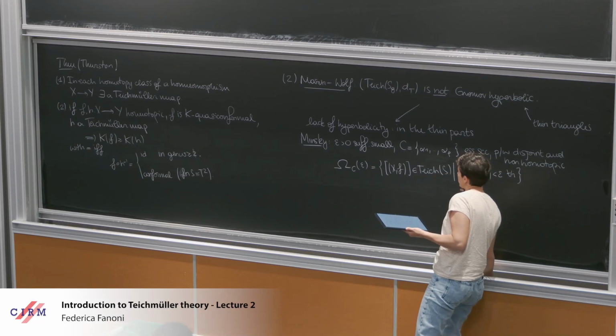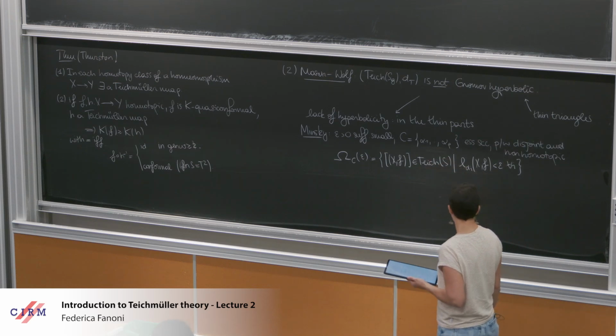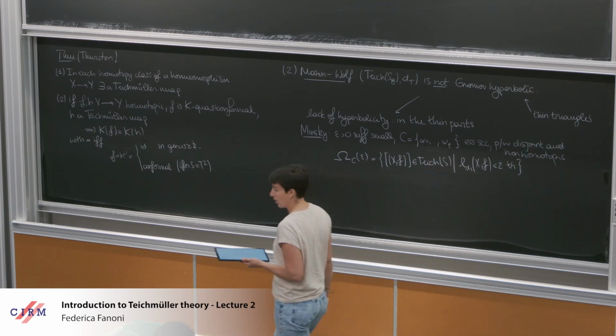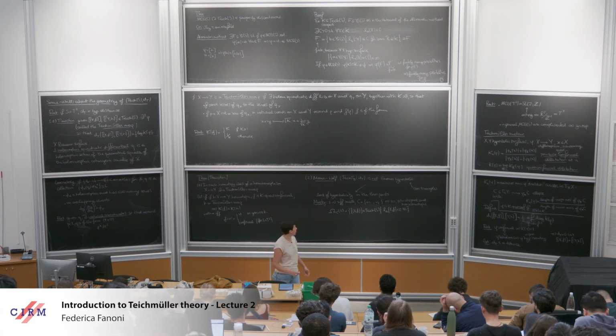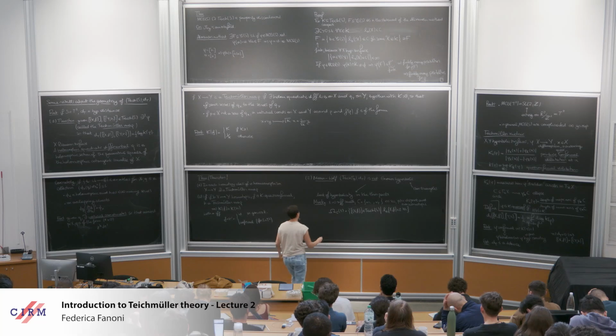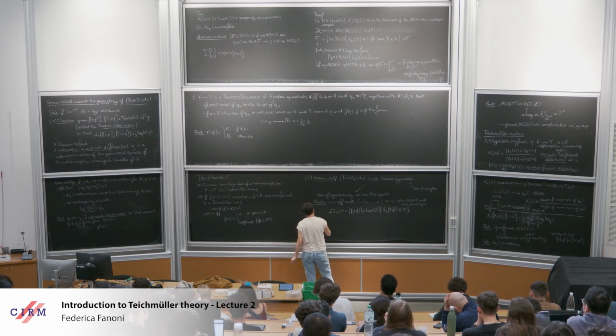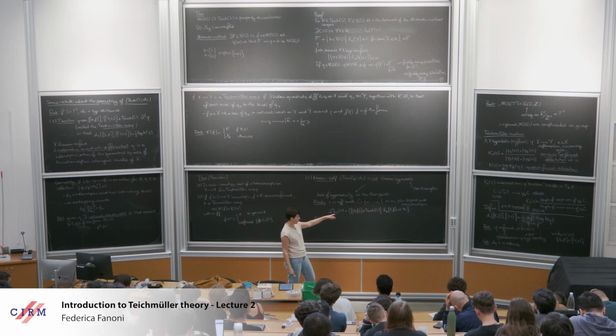Then what can we do? First of all, this is a collection of pairwise disjoint simple closed curves. So they are not necessarily a pants decomposition, but you can extend it to a pants decomposition. A pants decomposition, one way of defining it, was a maximal collection of curves like that.